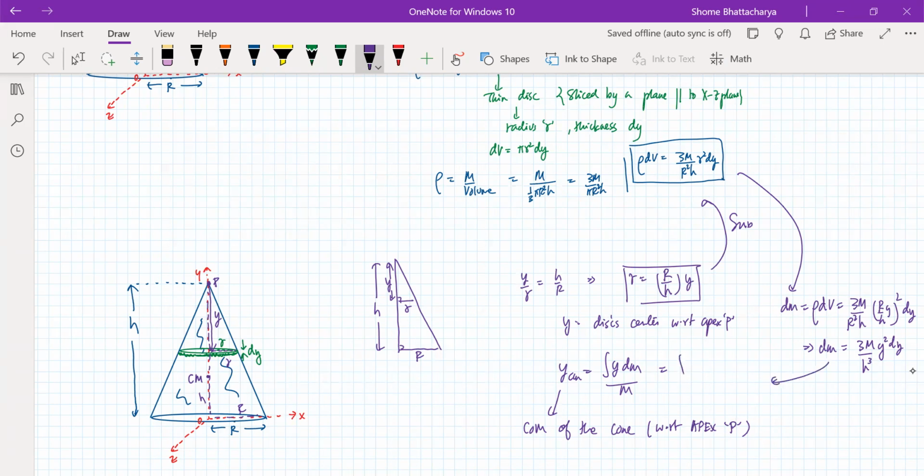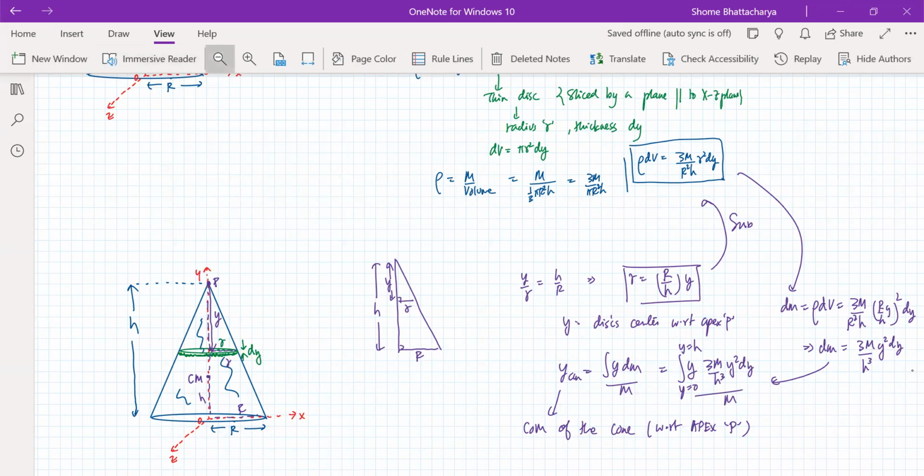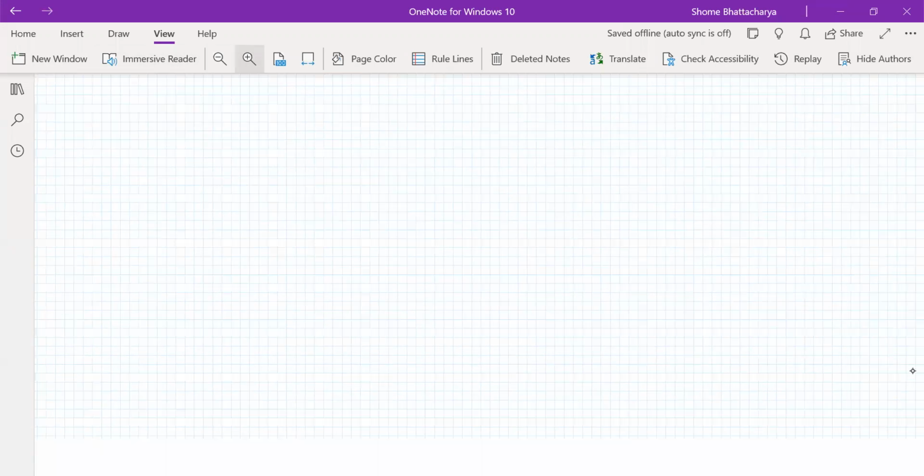So this becomes y dm, and dm is 3m by h cube into y squared dy, going from y equal to 0 to y equal to h, the whole thing divided by m. Okay, so now we are in a position to simply complete this integration.